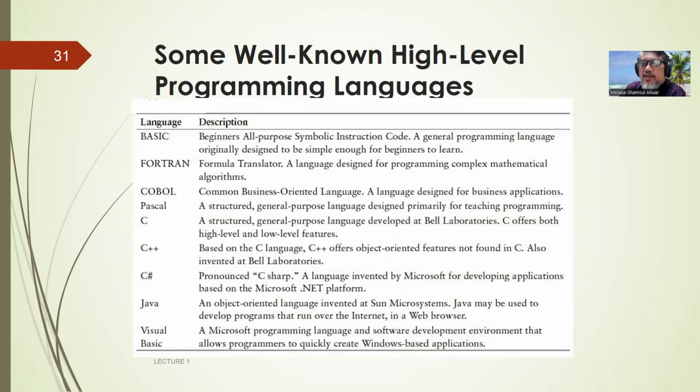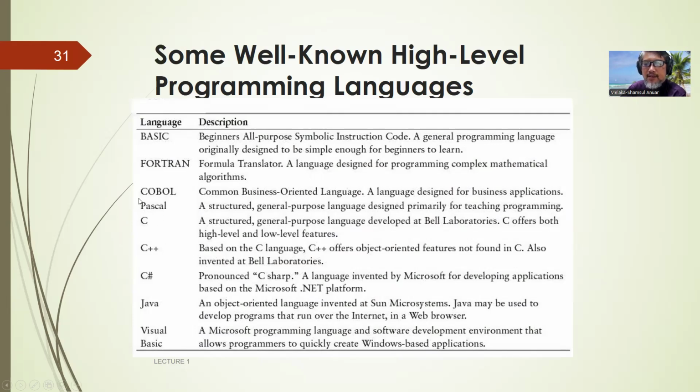So some well-known high-level programming languages: Basic. I guess when I was in school, we learned Basic. Then Fortran, as I went into maybe second year college, so we learned Fortran. I'm not sure about COBOL. I heard about it, and it's usually for business.